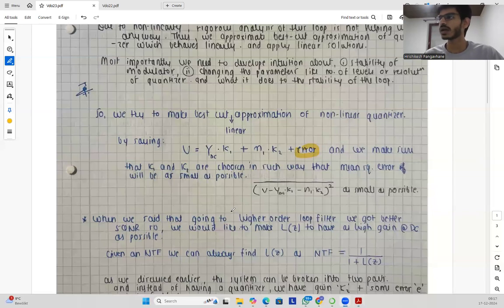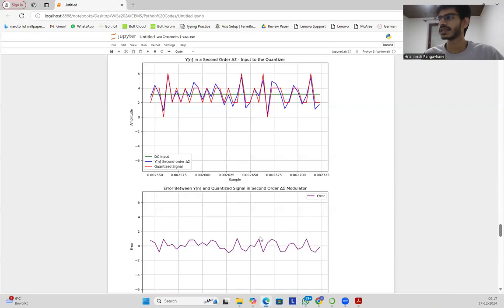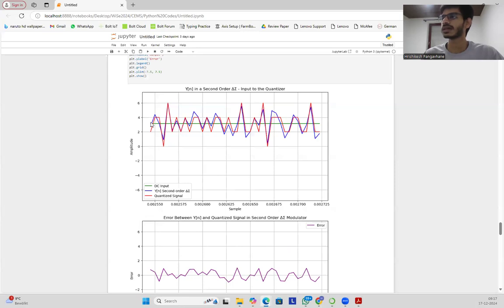So we can see the plot. If this is the DC, let's take 3.14. Then YN is presented in blue. So basically that's the noise riding over the input, which is DC. So this straight line is DC and the noise is riding over the DC at the input to the quantizer. And the quantized signal is given in red.